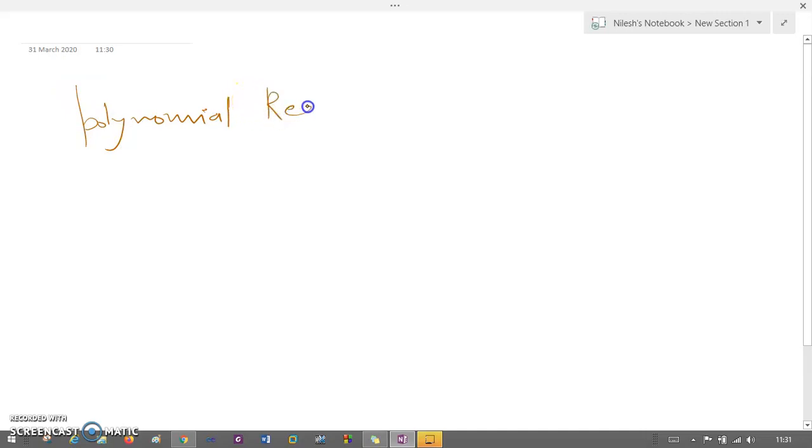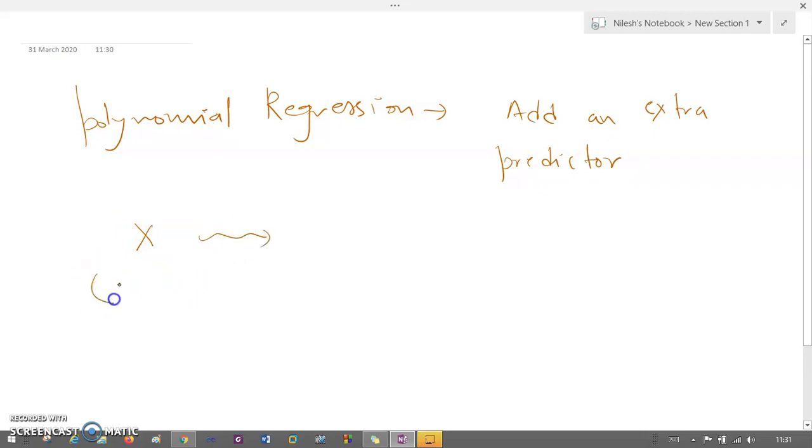If you go for polynomial regression, it does nothing but add an extra predictor. And what is this extra predictor? In the linear model, this is LR, if this is the x1 feature, then in polynomial regression, PR, I am just adding an extra predictor.